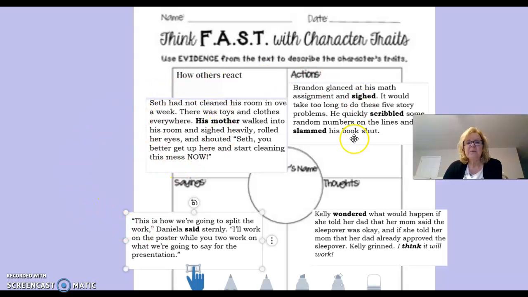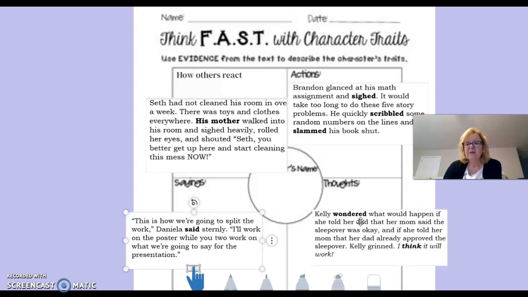So let's go back up here to where we started. We started with Kelly wondering what would happen if she told her dad that her mom said the sleepover was okay. So that makes me think that Kelly is trying to come up with a plan to trick her mom and dad.